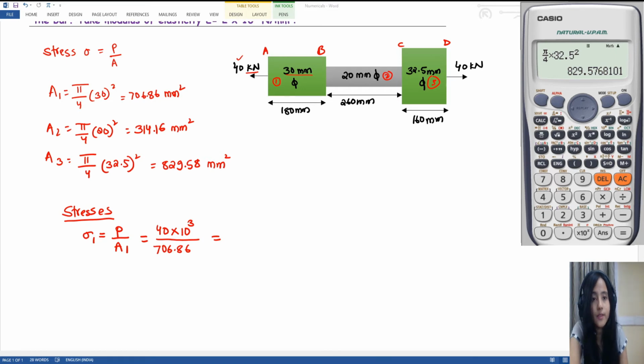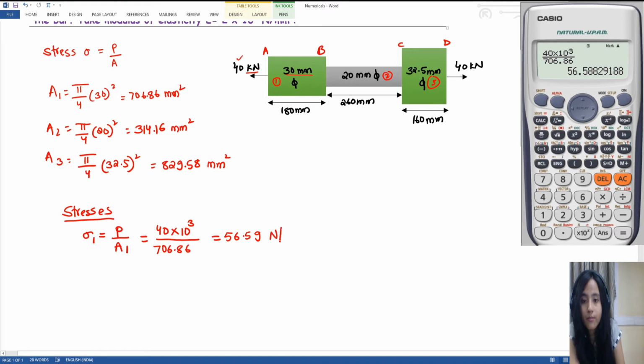So 56.59. What will be its unit? Newton per mm square. So the stress in this first section is coming this much.